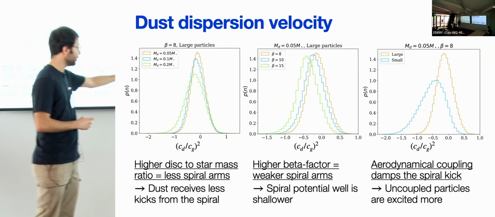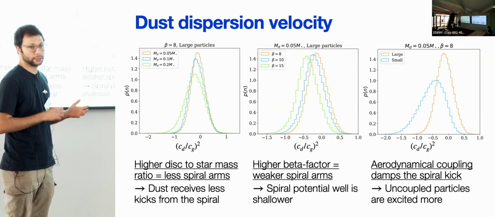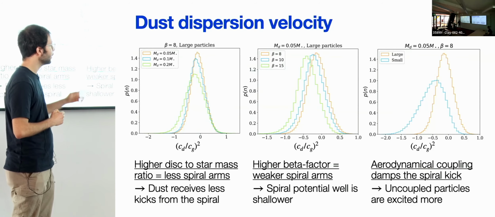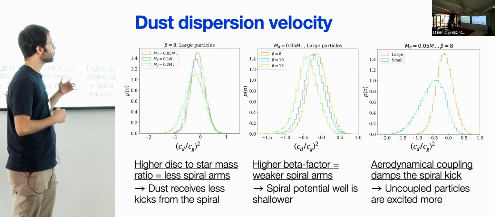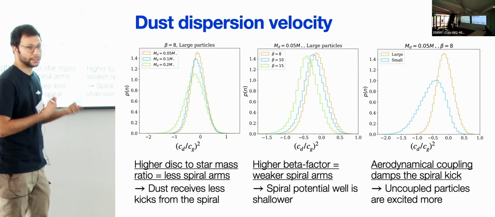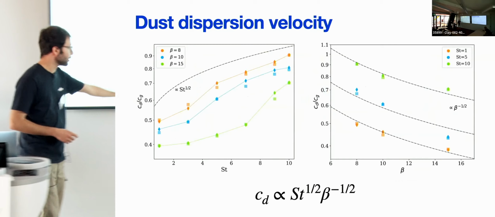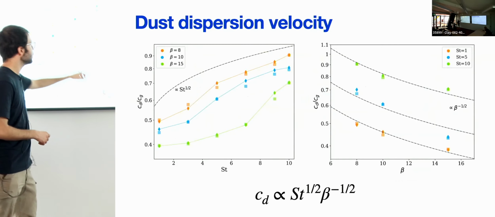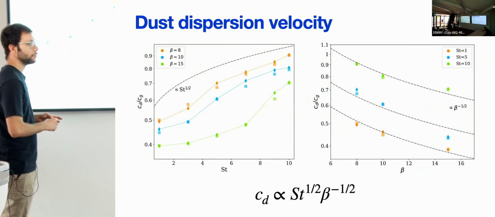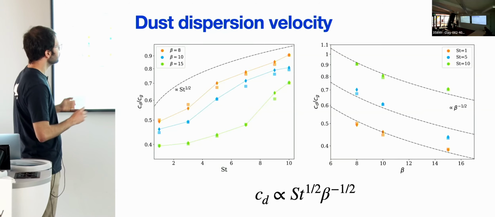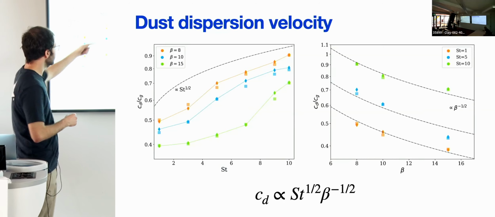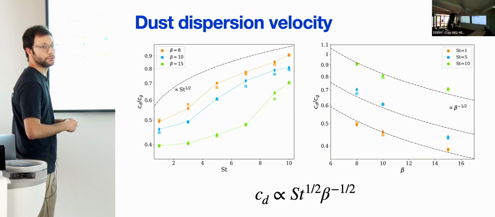The aerodynamical coupling is damping the spiral kick, and so for high Stokes number, dust particles are excited more effectively. This is the scaling Booth and Clarke found, and this is what we are finding in our simulations. I'd say it's a pretty good agreement, and the different shapes are different resolution simulations.